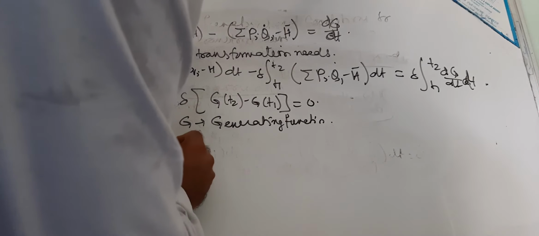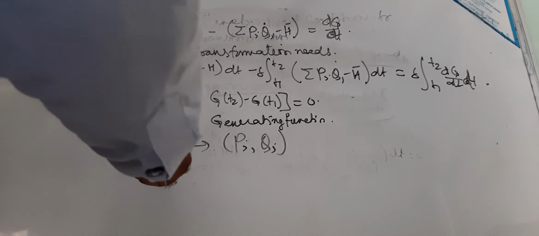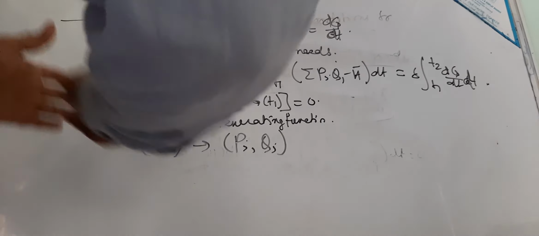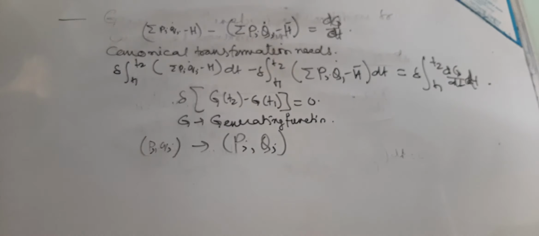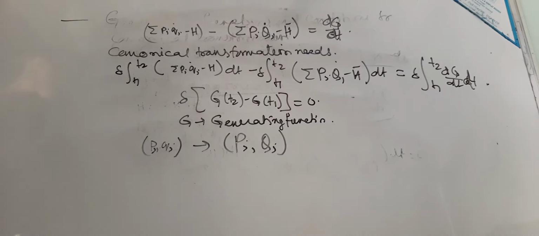We start from the old set of coordinates pi, qi, and get capital Pi, Qi. These are the generalized coordinates and momenta in the old set, and those are the generalized coordinates and momenta in the new set. So if we take pi, qi and capital Pi, Qi, it means there are four possibilities.